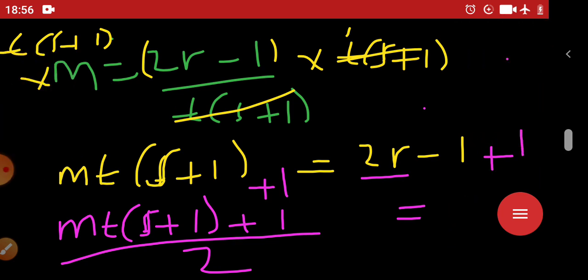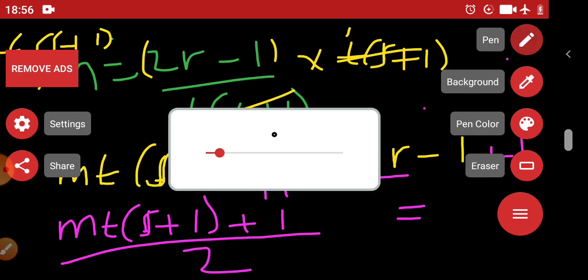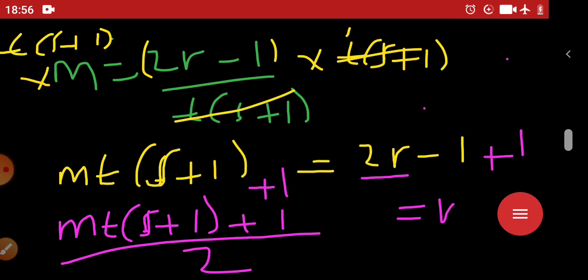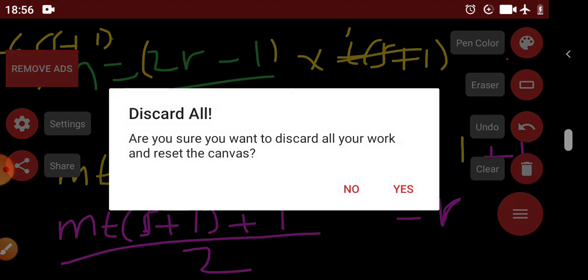This would simply be your answer. So this is just R. You have made R the subject of the formula. So in S you do the same. Okay, let's do this one because it's a bit different.